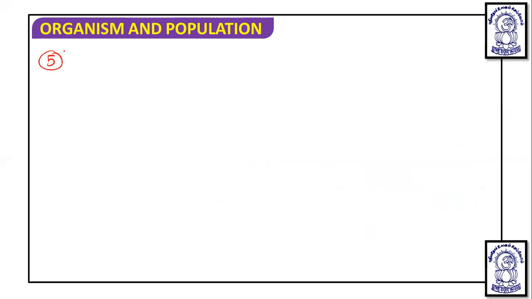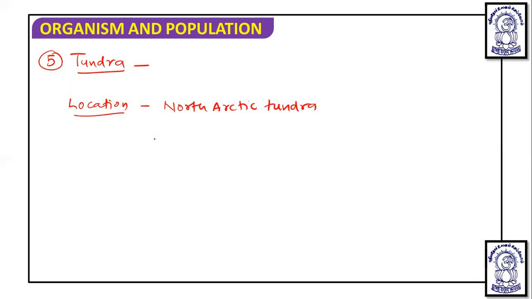Okay, after this, the fifth biome is tundra. If we talk about its location, it is the North Arctic tundra, and it is absent in the south regions.